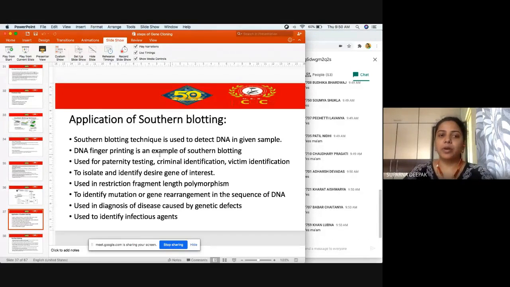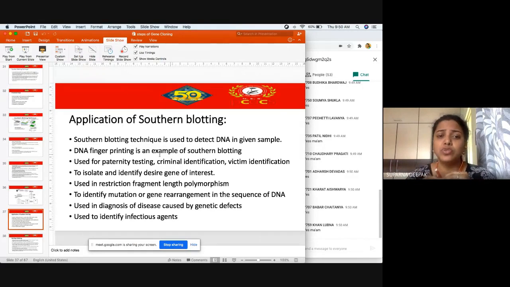Talking about the applications of Southern blotting, the technique is used to detect DNA in a given sample. DNA fingerprinting is an example of Southern blotting. In DNA fingerprinting, you go for marker DNAs, and when you separate them you get a pattern, and this entire process of DNA fingerprinting depends upon the Southern blotting technique.